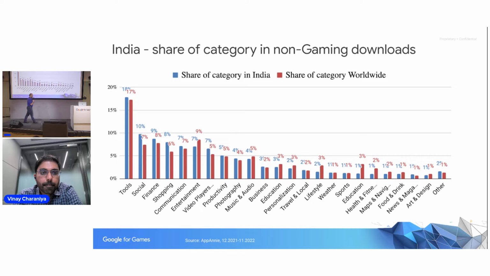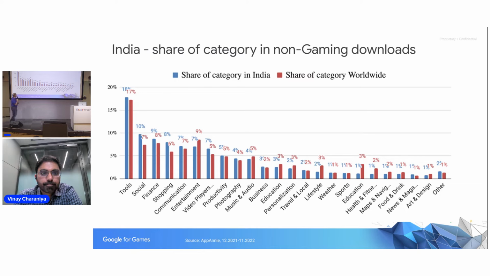And then if we go further, if we look at the share of each category in non-gaming downloads, we can look at the average versus the category worldwide. In this case, we see the blue line showing the share of that category in total non-gaming downloads in India, versus the red one, which is worldwide.